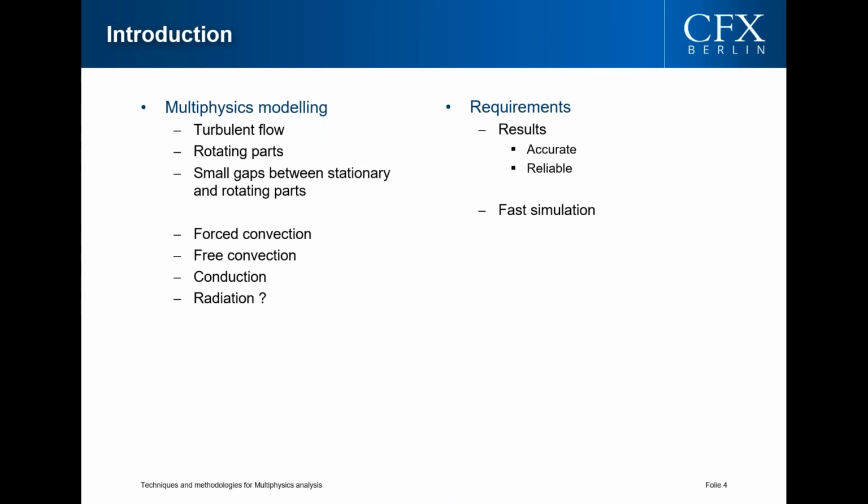On the other side, you need to model the heat transfer quite well if you want to get an accurate prediction of the temperature in your motor. So it means you have to deal with forced convection, you have to deal with free convection, and you have to deal with conduction in the solids, so in the copper and in the iron, and maybe you have to deal with radiation.